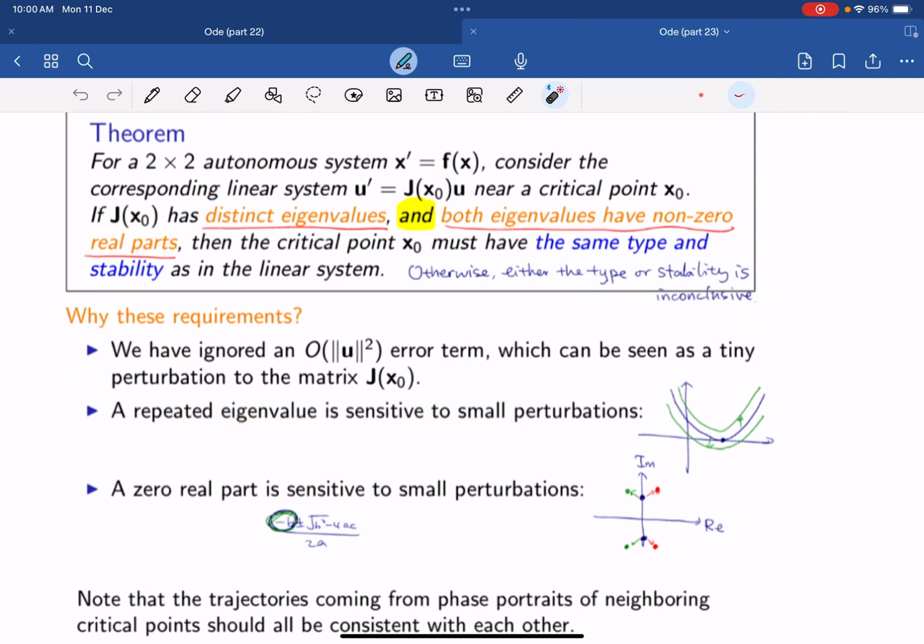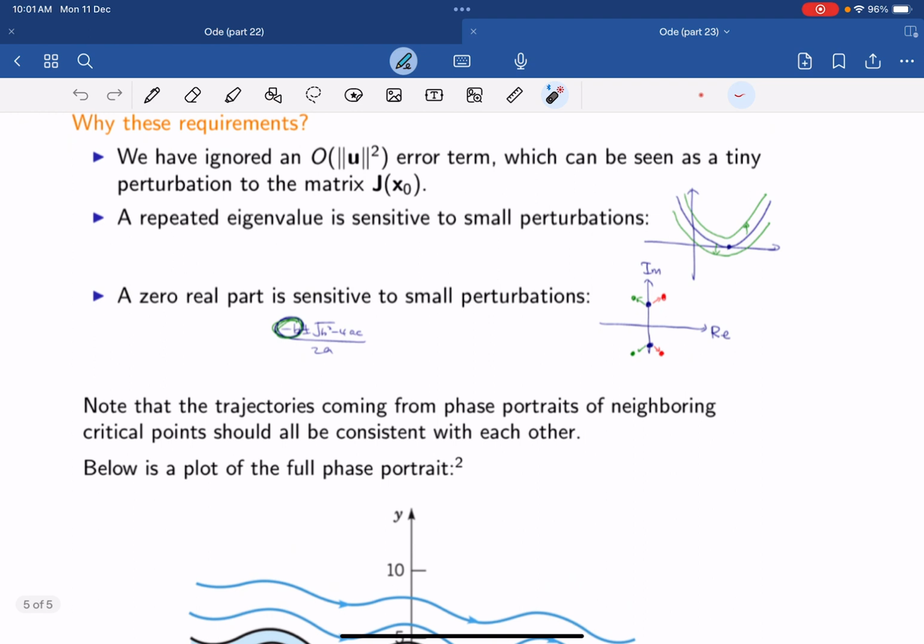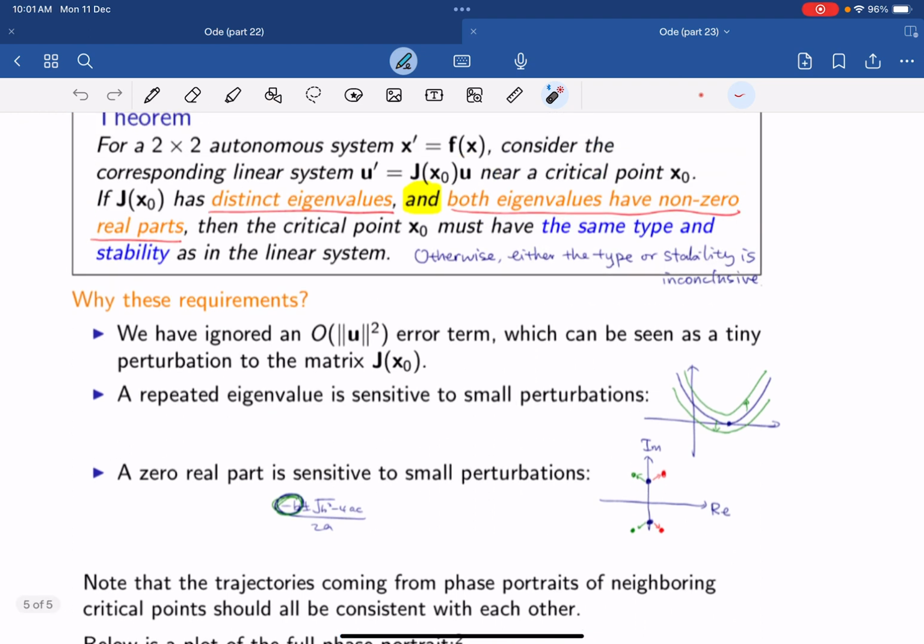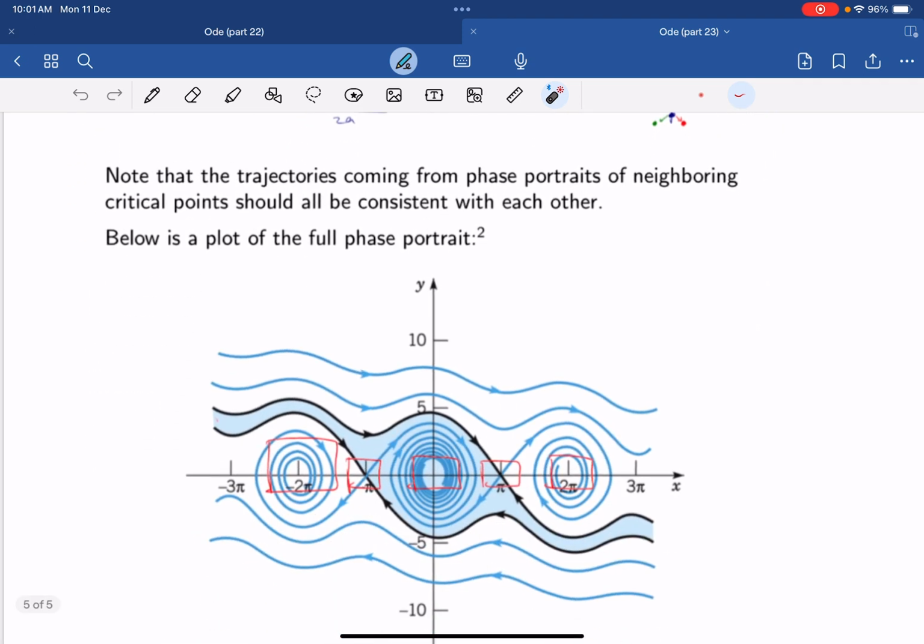So we need them to be distinct. The zero real parts are also sensitive to these error terms. So we need them to be non-zero real parts. And this part you can read more in the textbook. I won't go into much detail.